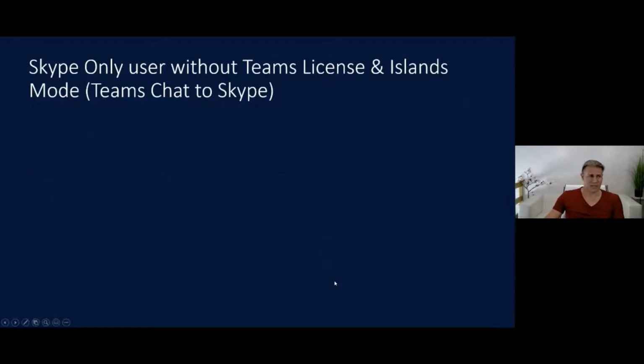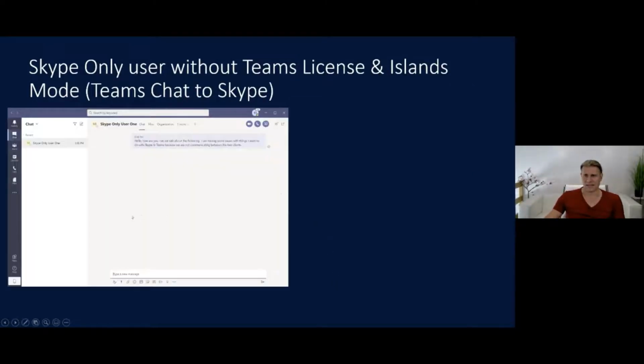So I have some screenshots around this, and in this case, this is a Teams user in island mode sending a message to a Skype user that doesn't have a Teams license, but he's still configured in island mode, right? Because this is a setting. So first of all, we are not seeing anything special here.